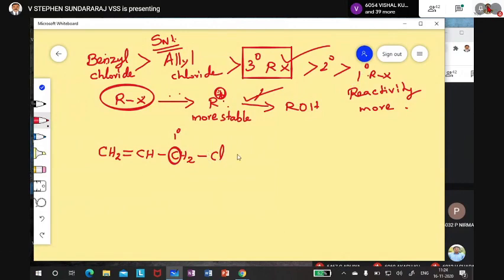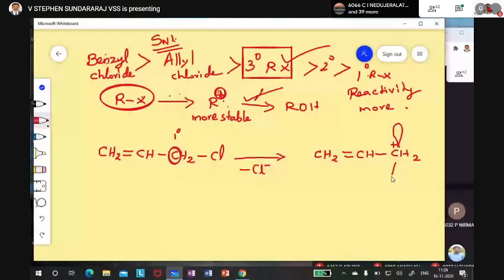Why? Because when this bond is breaking, Cl minus leaves, and what will happen? CH2 double bond CH single bond CH2 plus. This plus means, as all of you know, there will be an empty p orbital. Here I am removing this pi bond. What is the pi bond made of?